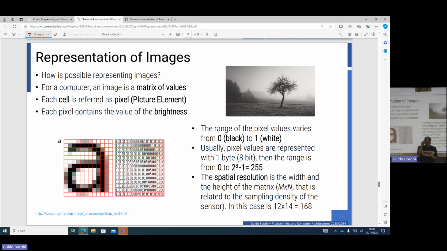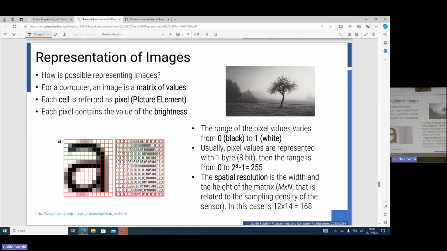In each cell, we have a value. This cell is named a pixel, since the name pixel stands for picture element. So each cell is a picture element, or in other terms a pixel, a single pixel that we use to represent the image in a computer.